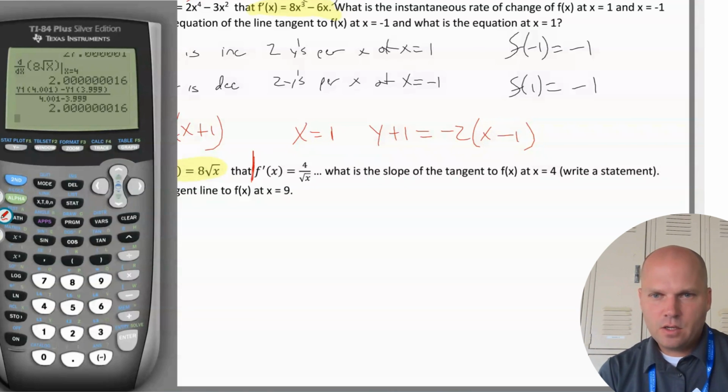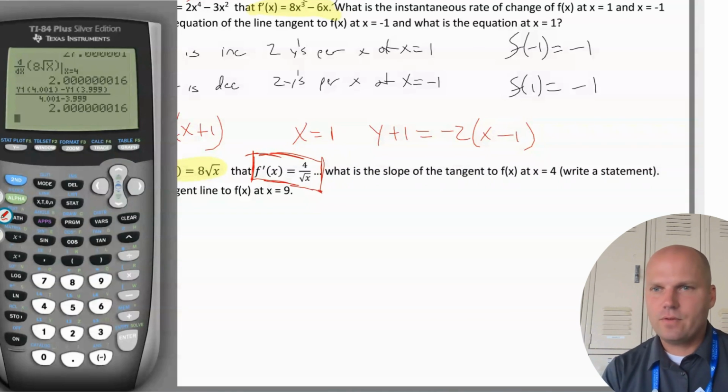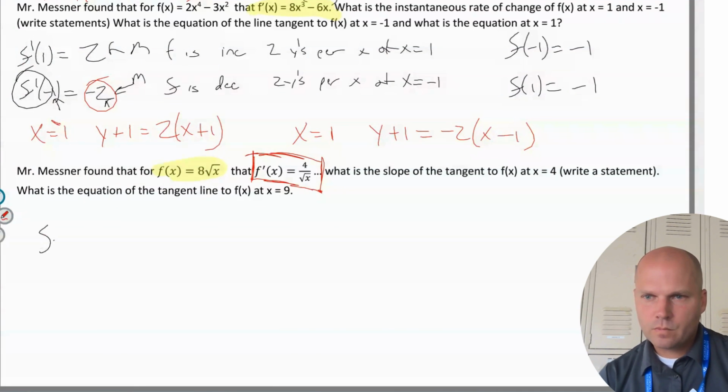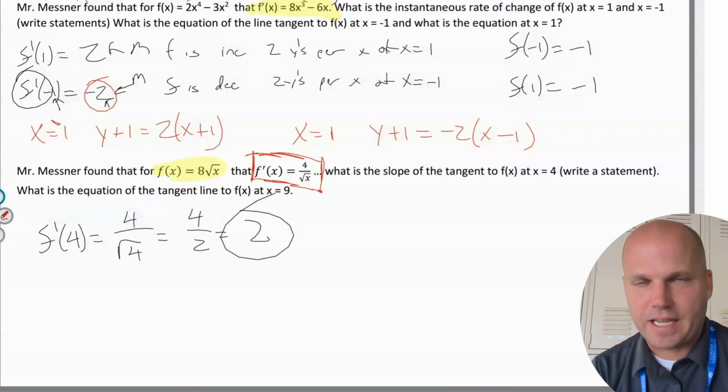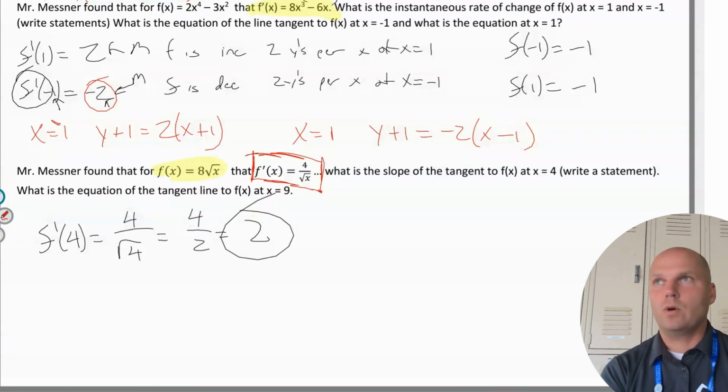We have the ticket to all of our slope problems. We have the equation where if you plug in an x, you get an m. Look at that. It's the same value that my calculator said, only this is exact, whereas my calculator is getting closer and closer and closer, approaching. It's kind of showing me the limit.